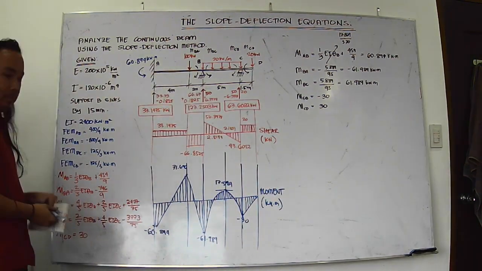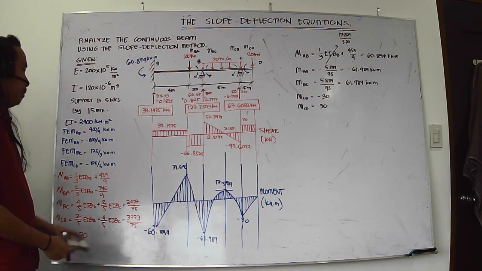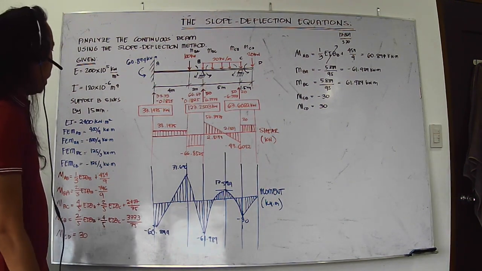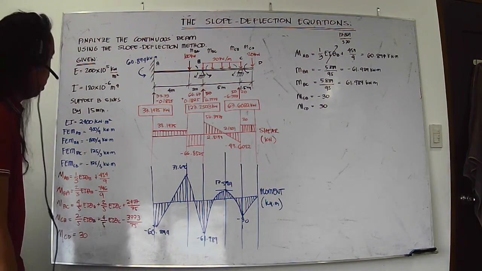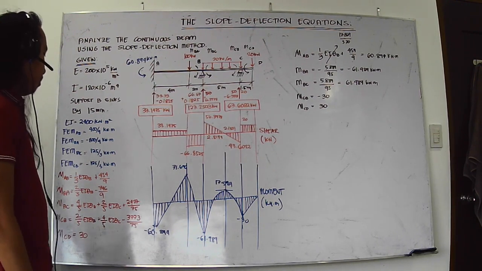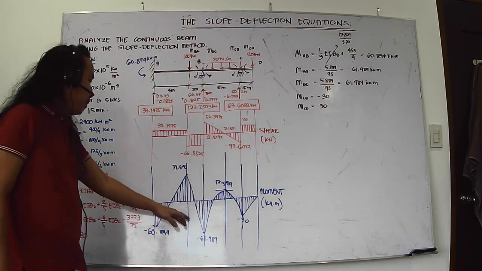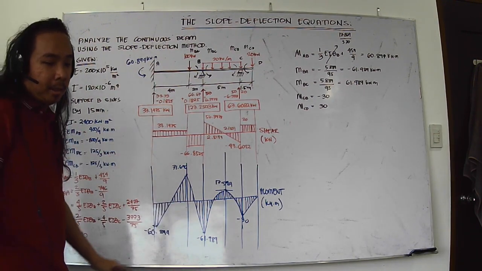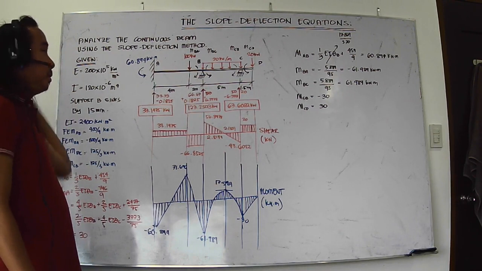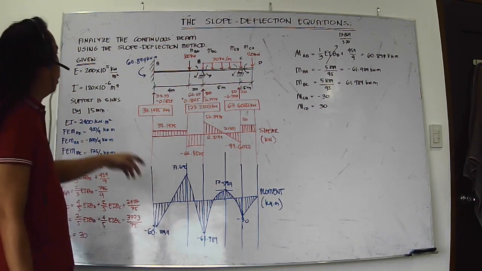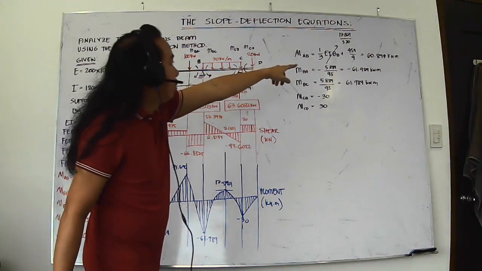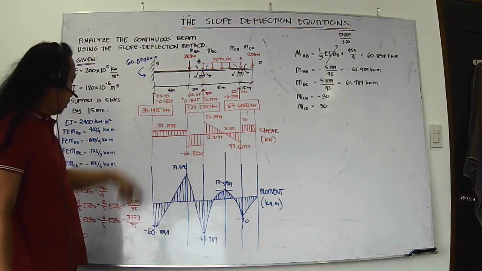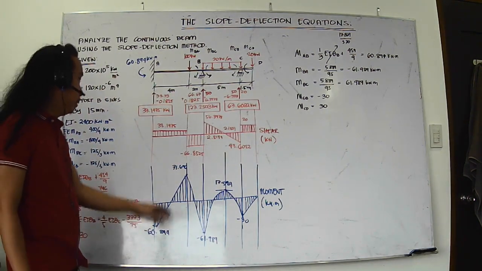That's how you do it. You will know this in the slope deflection method as well. There are a lot of areas in which you can counter-check and know if there are mistakes or not. MAB is equal to 60.894.